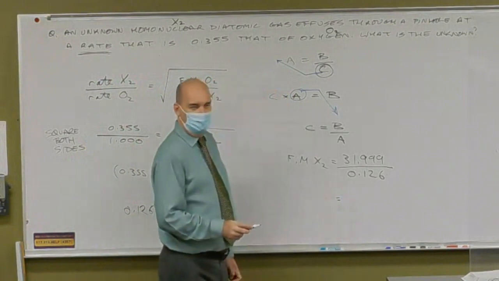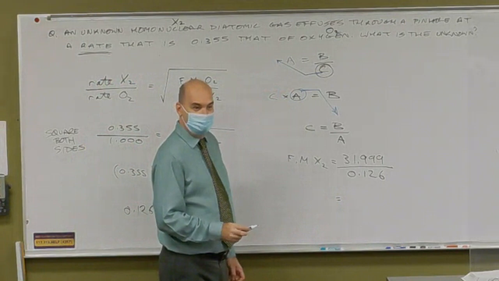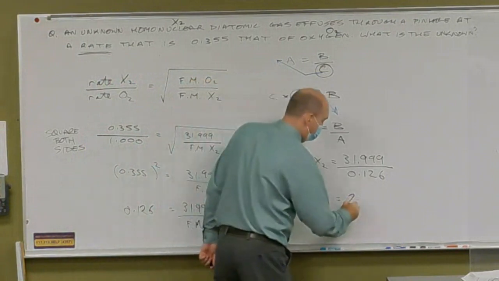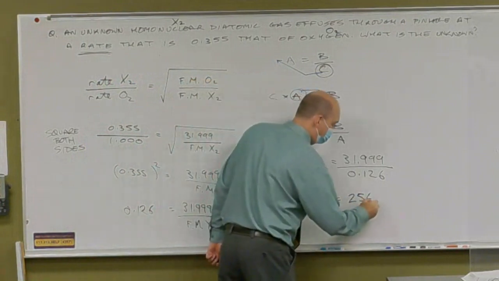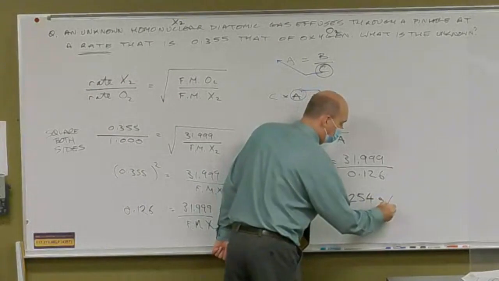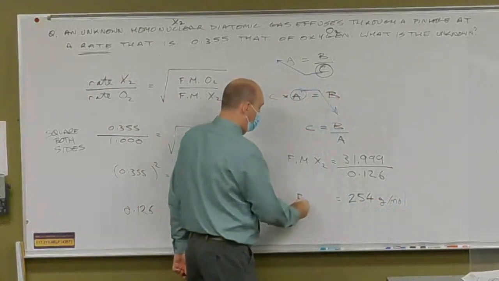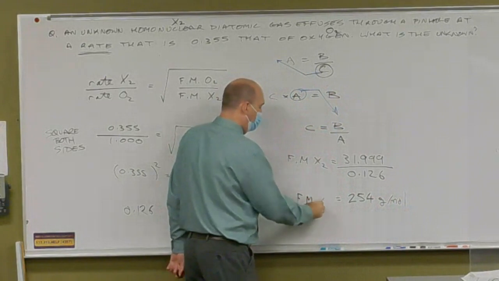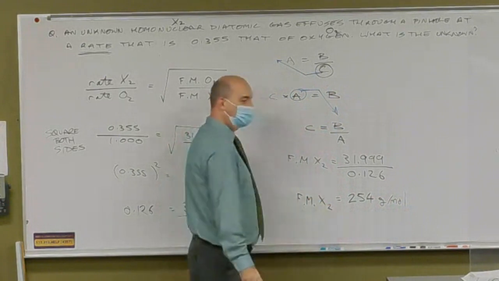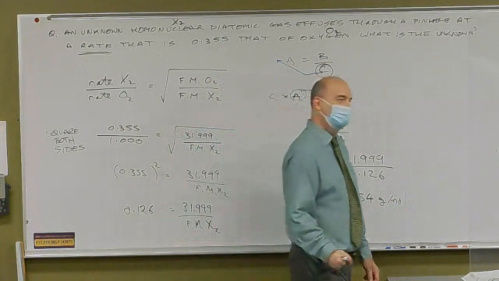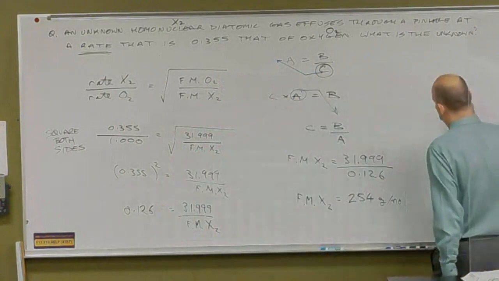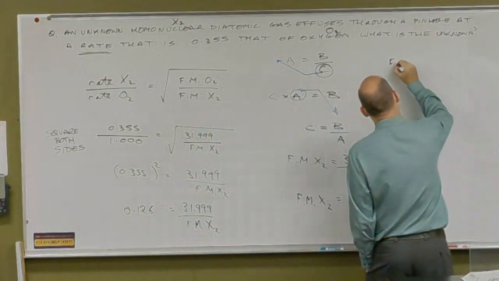Formula mass of X2 equals what? 253. The formula mass of two atoms that are the same as each other stuck together is 254.